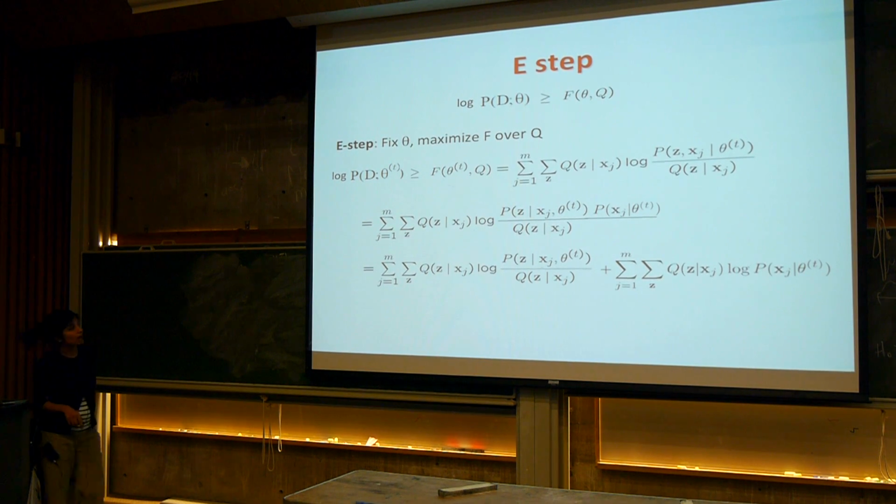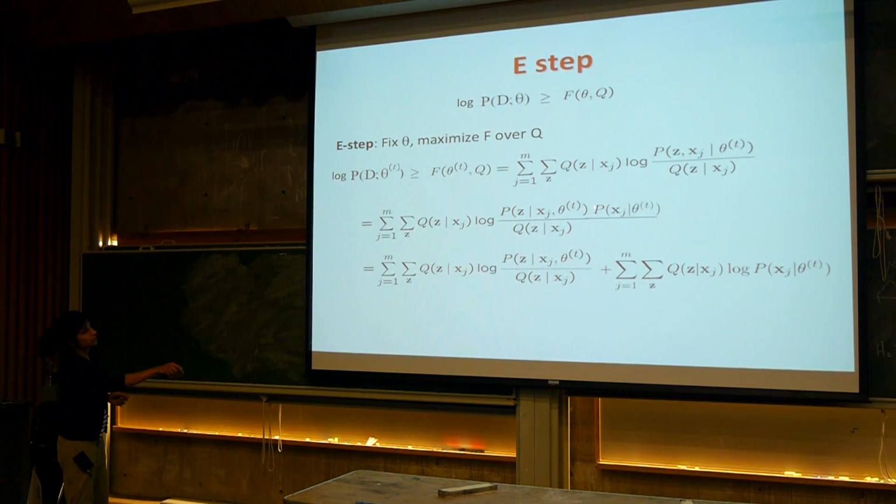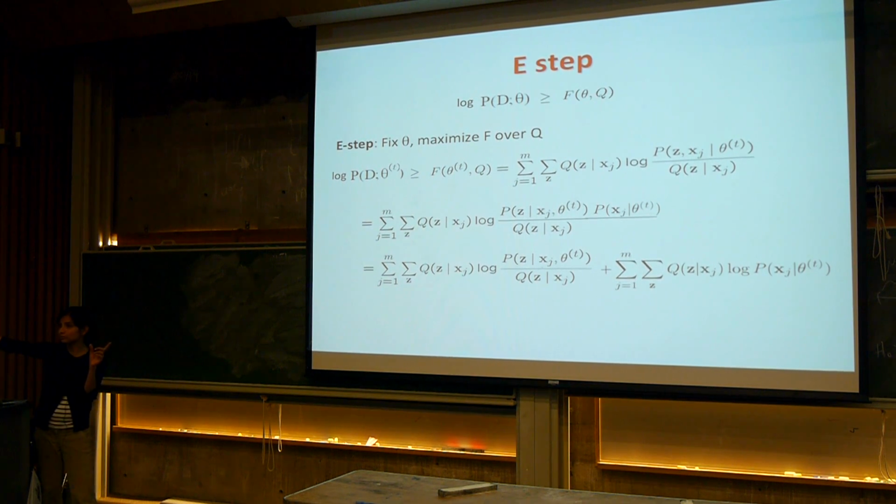And now I can split it up into log of one term times another term. So it's log of A times B. I can write it as log A plus log B, right? So the first part is just the same as before, and the second term I'm going to pull off as a plus log B. Did people follow this?